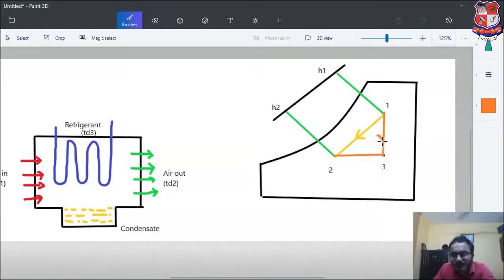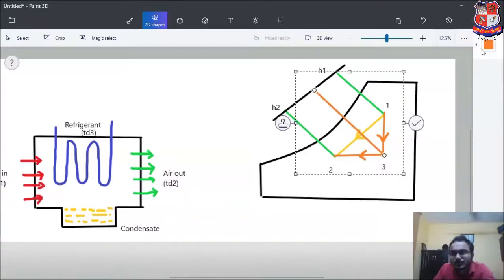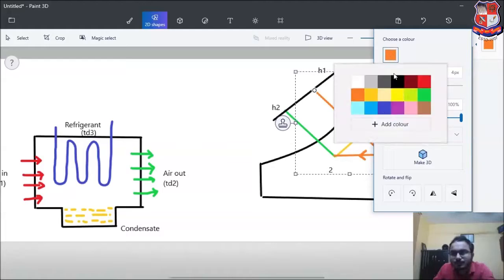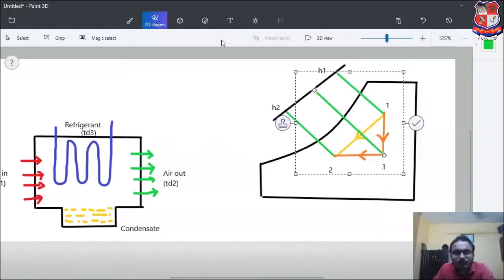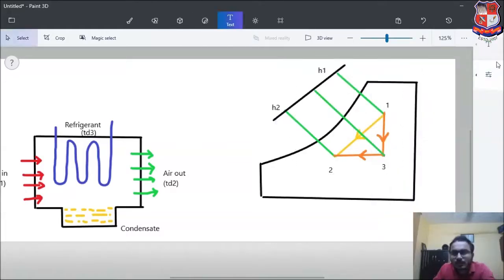So the process will happen in this way, and the enthalpy portion will be like this, and this will be called as H3. So we can copy this now.